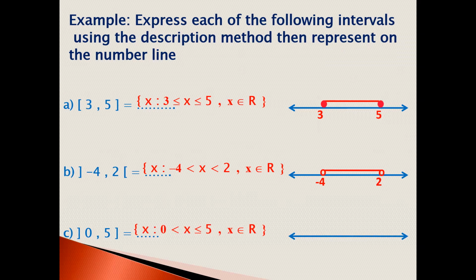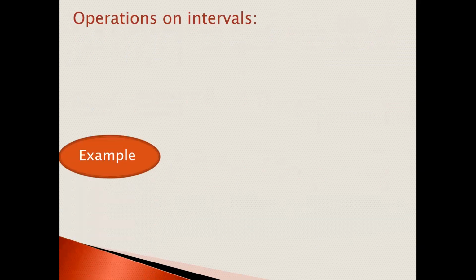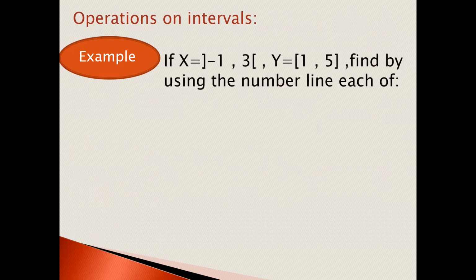I present it on the number line. I put a point on 0, a point on 5. I open 0 and close 5 and join between them because I want the real numbers between 0 and 5. Okay, operations on intervals. For example, here I have x, negative 1 and 3 open.